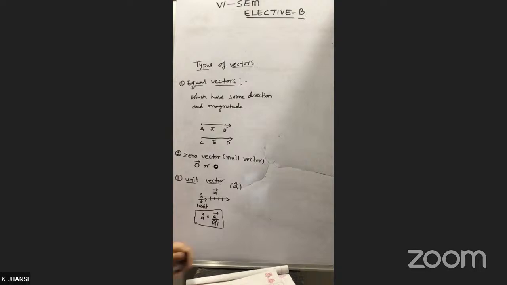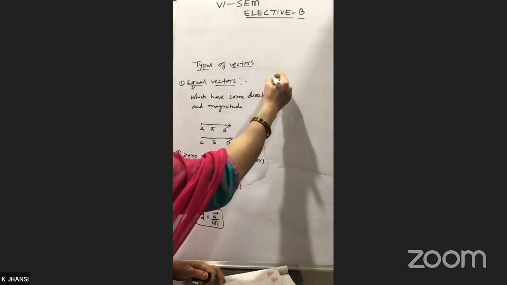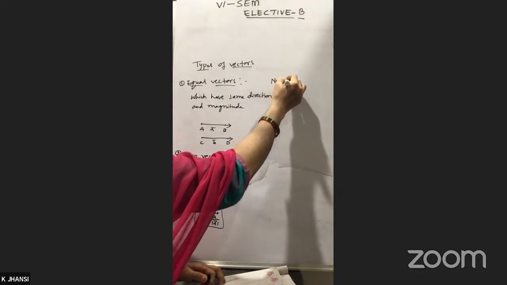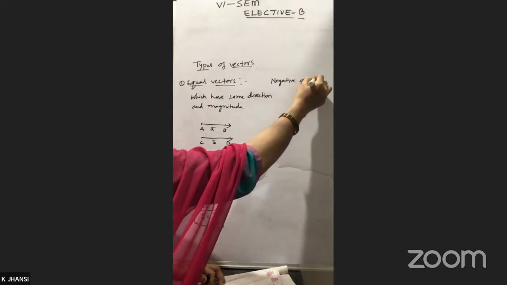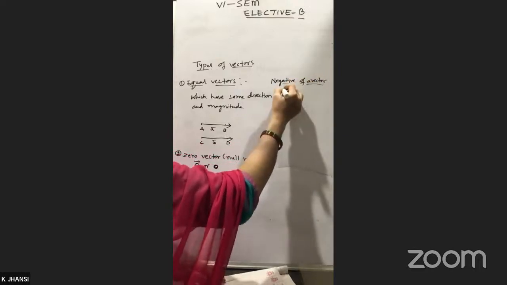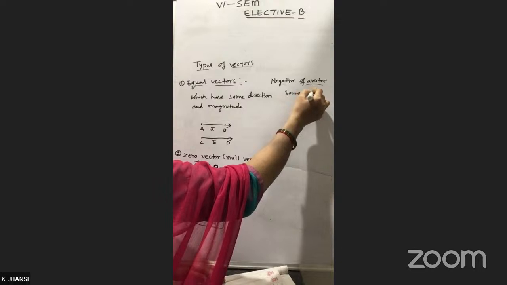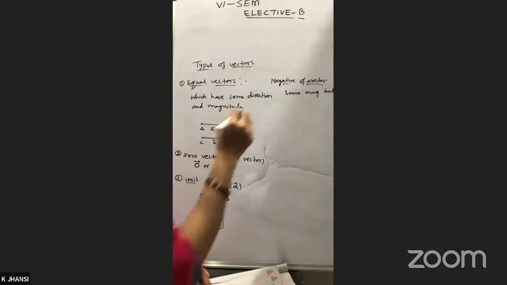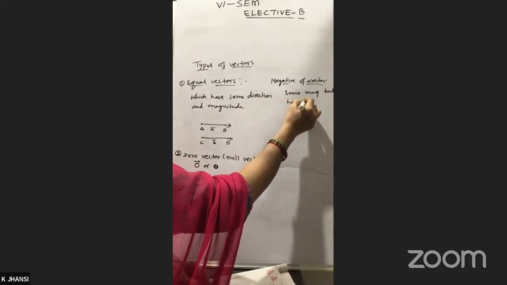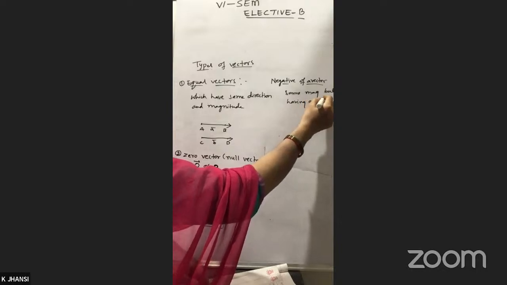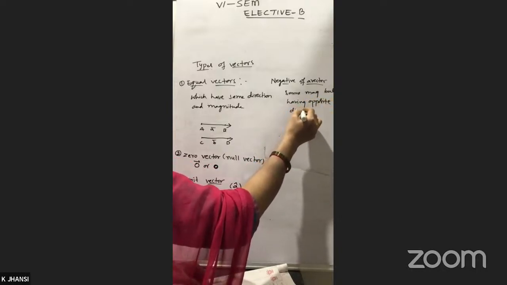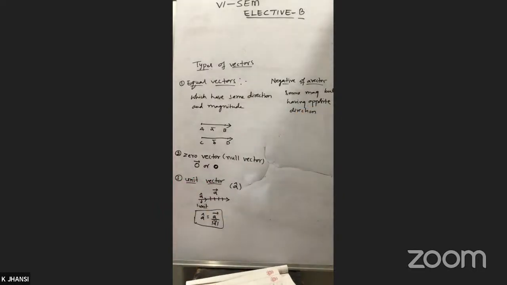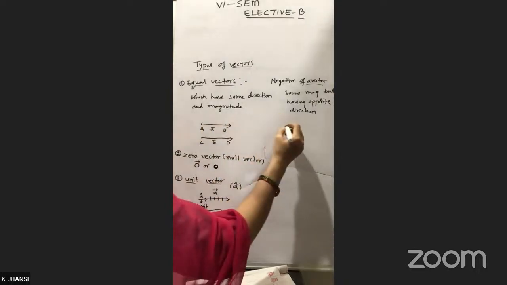Negative of a vector means the same magnitude but opposite direction. Such vectors are called the negative of a vector. So you can see it like this.